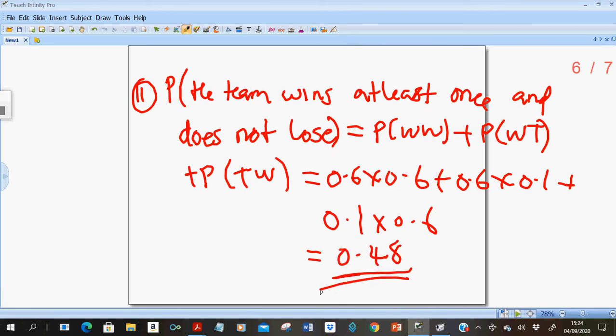Okay, so we go to the final question. We need to find the probability that the team loses and ties.